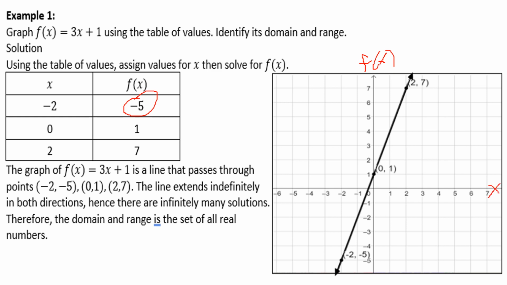Okay, so if x is negative 2 here, and our f of x is negative 5, then we make a point, and then we plot 0, 1, and then we plot 2, 7, and then you make a straight line. So that is now the graph of f of x equals 3x plus 1.